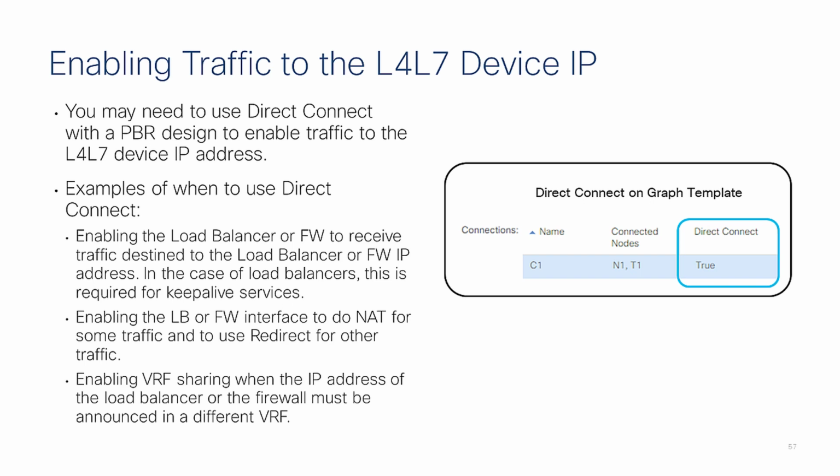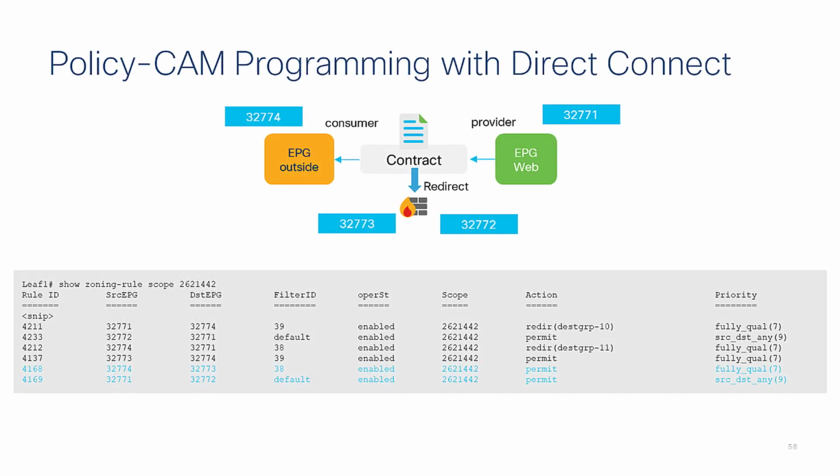And so this option modifies the programming of the policy CAM so that between the implicitly created EPGs that ACI creates and the EPG where the traffic is coming from, it ensures that there is a permit entry, which otherwise would not be there, okay?